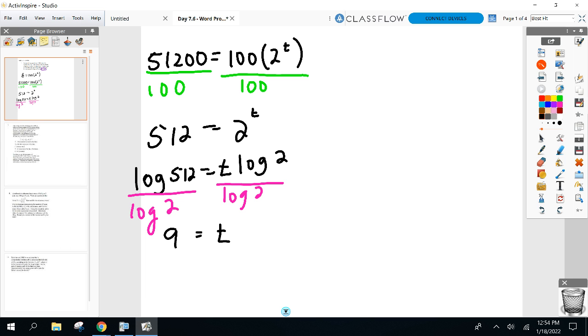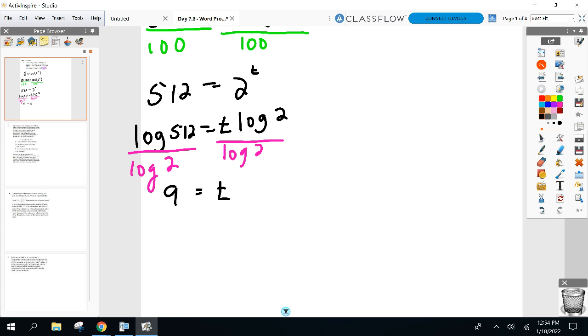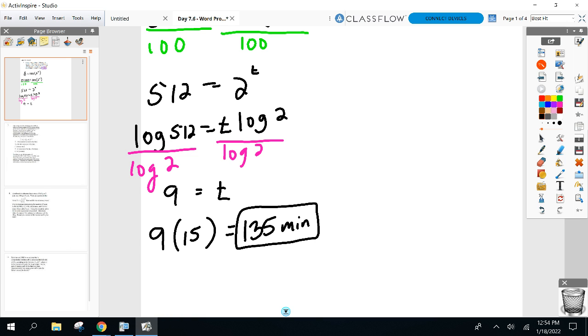And I got 9 of them. So 15 times T: 9 periods, 15 minutes a period. How many minutes now? 135. This is where it gets tricky. You solved it nicely and got 9, but needed a little extra there.